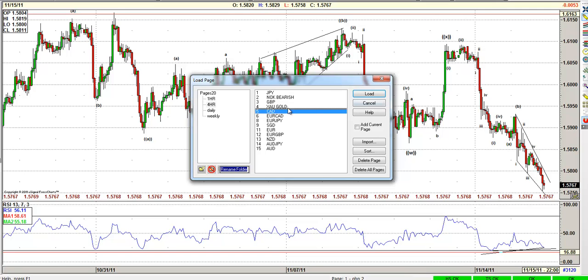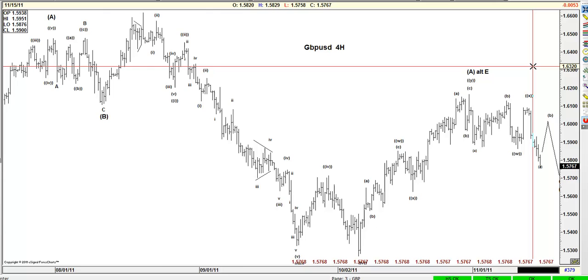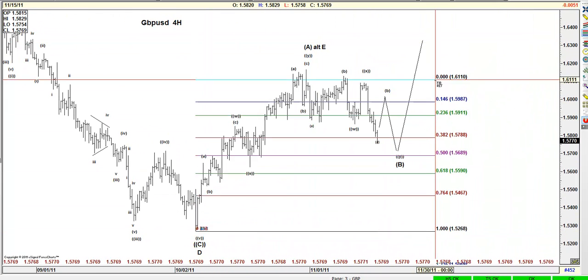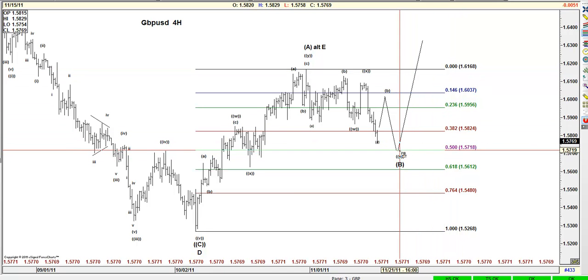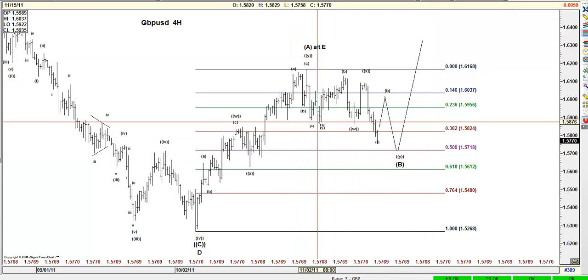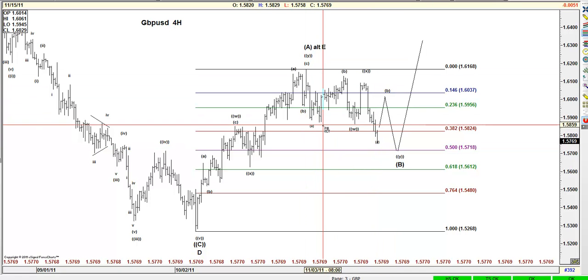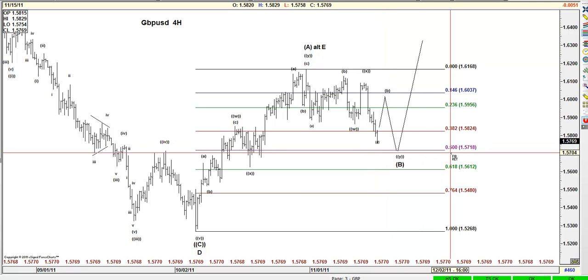But look, cable in the 4 hour, as you guys know, and we have been saying all over, 157.18, if it gets down there, that's been the target all over. Maybe what we have at the end of the day is WSY, ABCWS, ABCY, targeting 157.18.